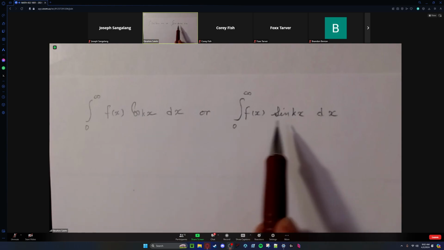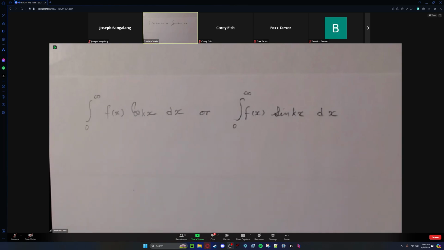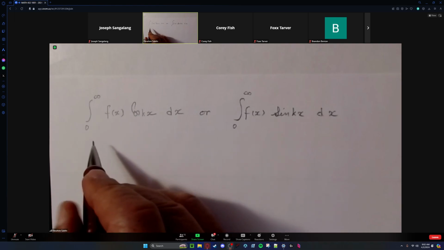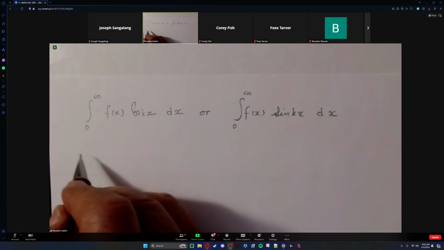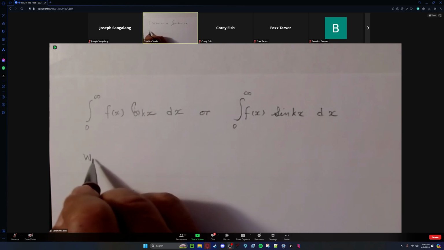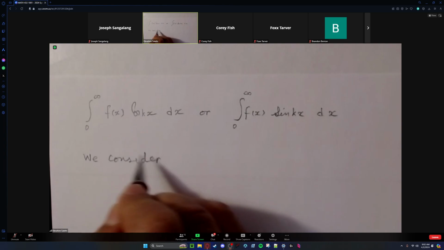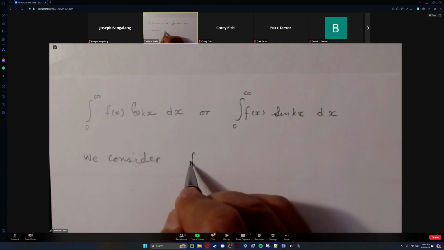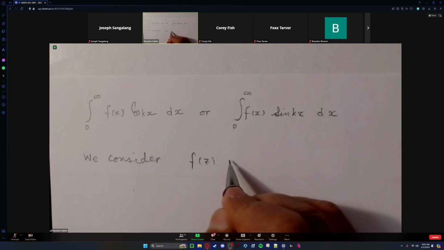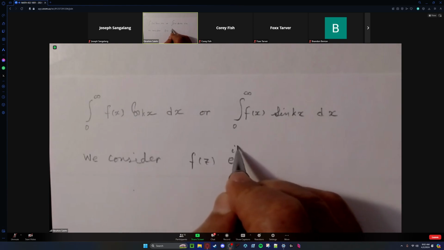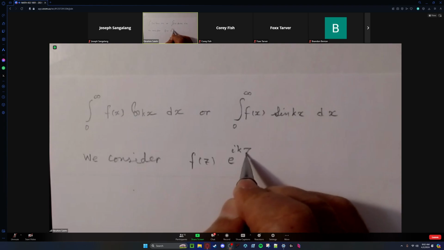No. Instead of that, we will consider e to the, all right, e to the something. So e to the i k z. So in this case, we consider f of z e to the i k z.